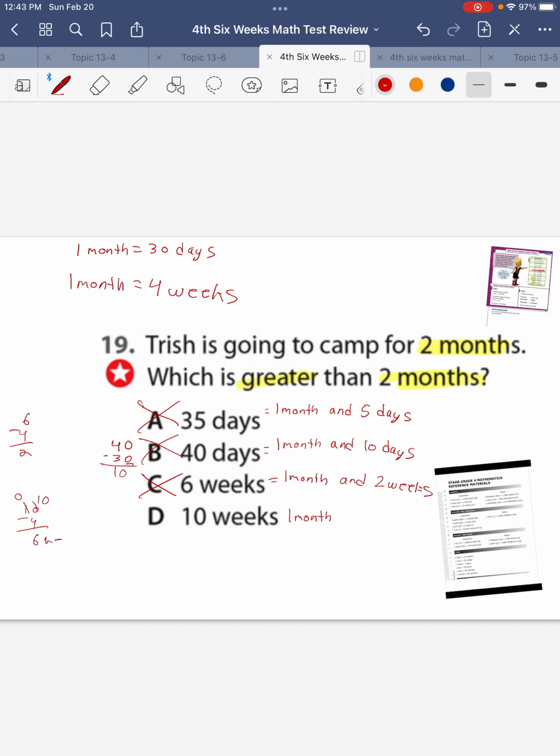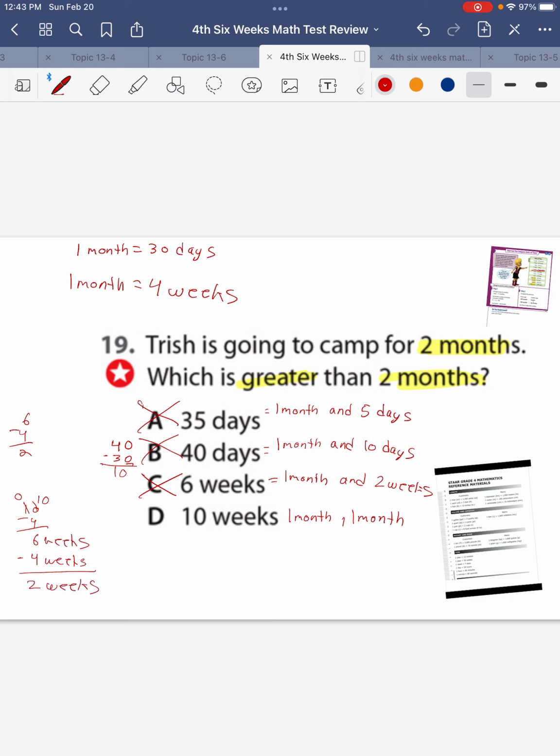So now I have 6 weeks left because I used up 4 to make a month, okay? 6 weeks can make another month, so I'm going to put another month here, okay? I'm going to take away 4 again to see if I can make another month. 6 minus 4 is 2, okay?